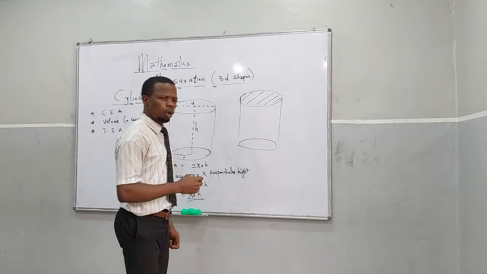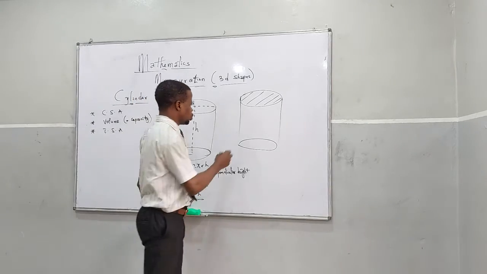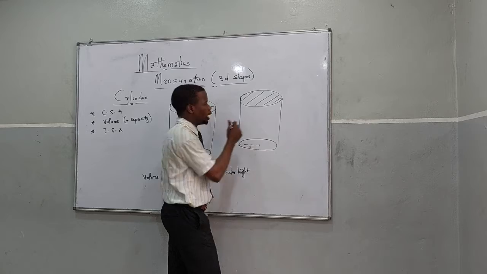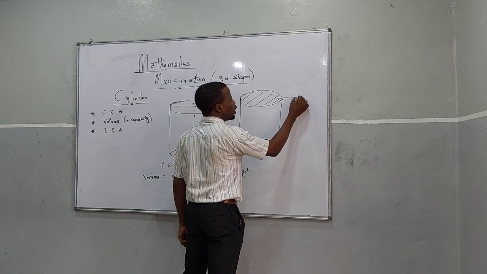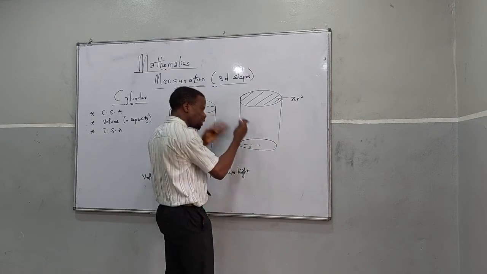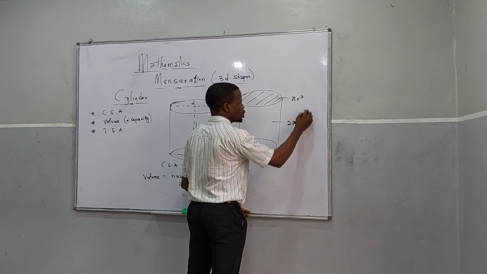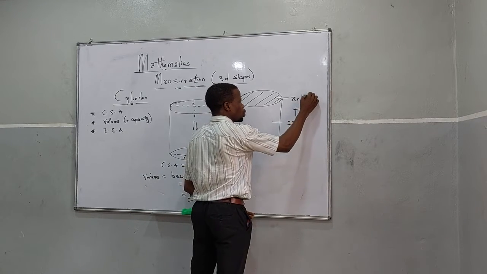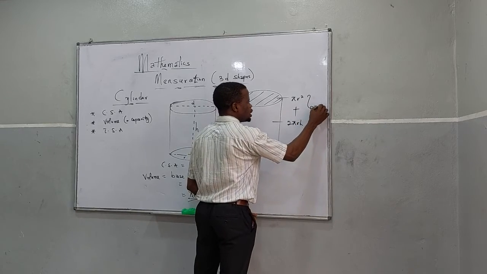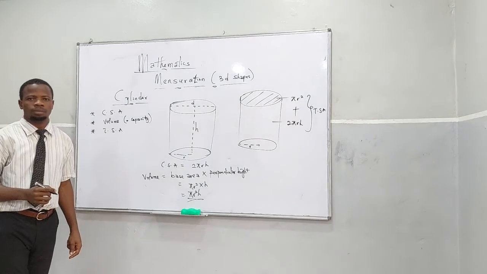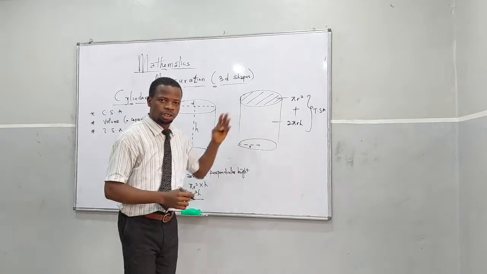So if it is closed, what will be the TSA? Let's go. Don't forget this remains the radius, but this place is open. So what do we have? Consider the area of this, pi r squared, and consider the curved surface area, and that is 2 pi r h. These two will give you the TSA, the total surface area. This is what? One end closed.